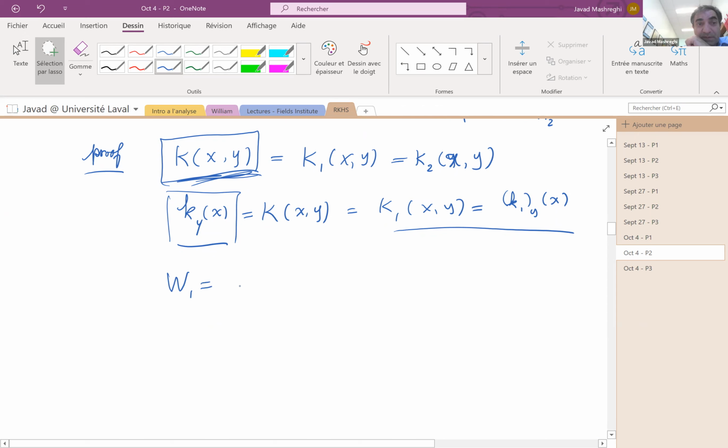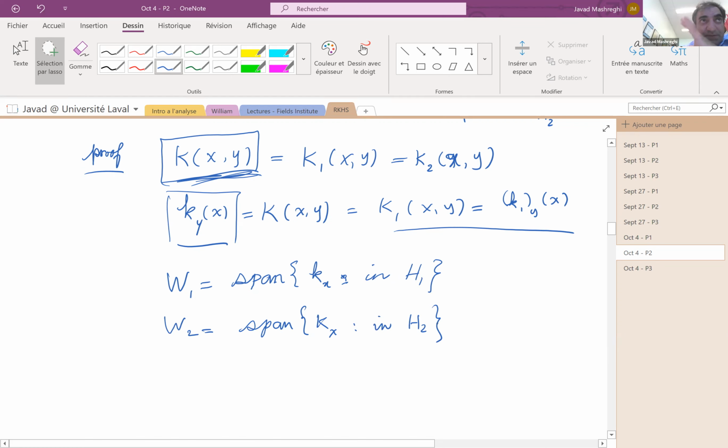W1 is the span of Kx in H1, and W2 is the linear span of Kx in H2. It's just a finite linear span for the time being. But because of this, actually W1 is equal to W2.